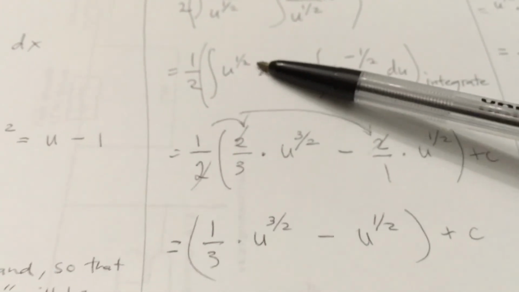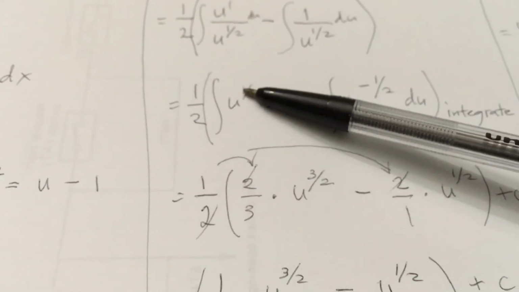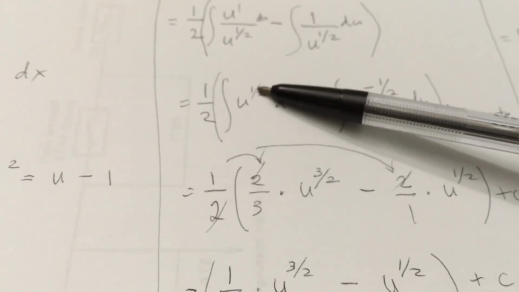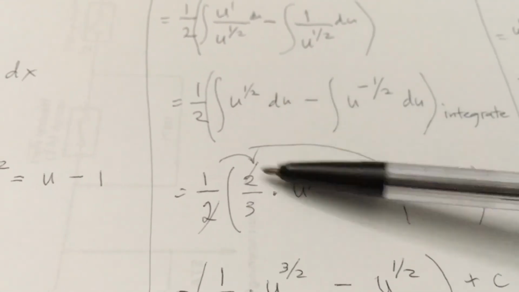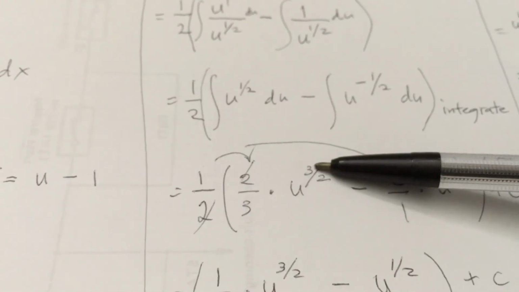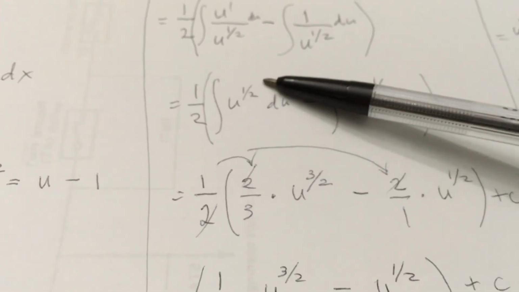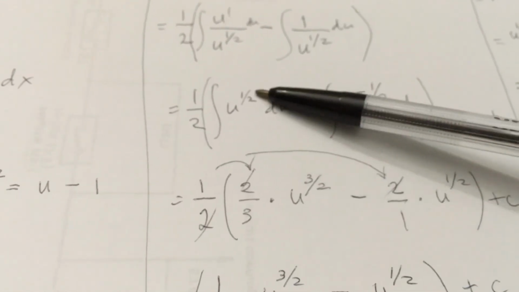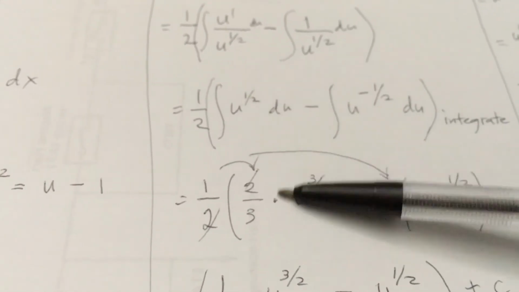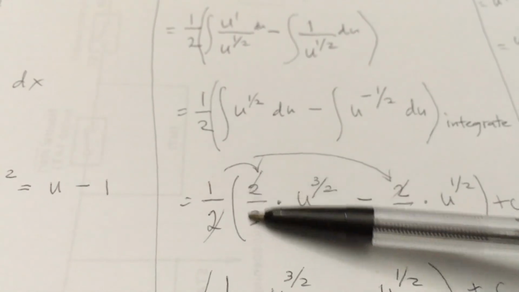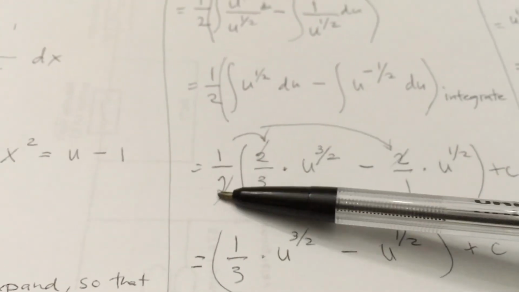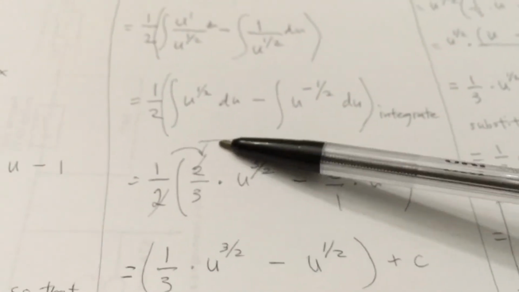If you integrate that, u raised to the 1/2 will be over, or that will become 3/2 because of plus 1. The 3/2 there, just put it in front as the reciprocal, which is 2 over 3. And the 2 will be cancelled.